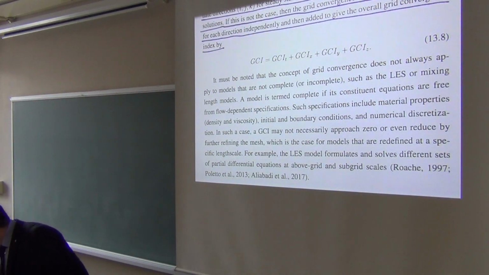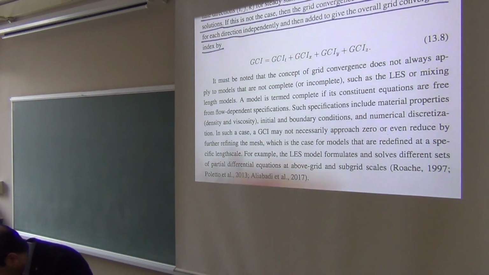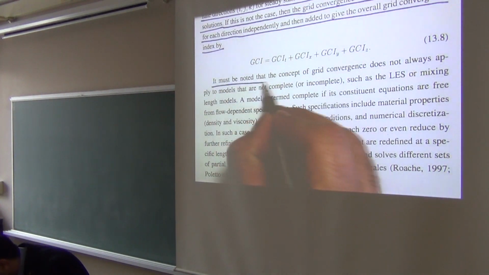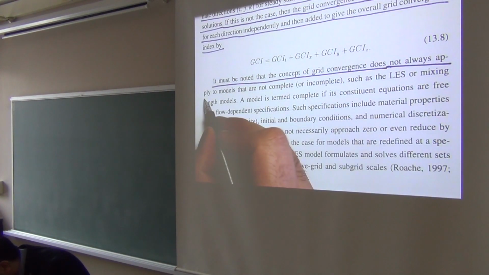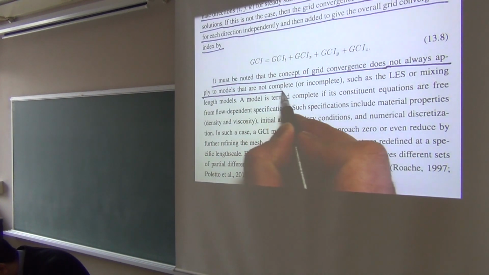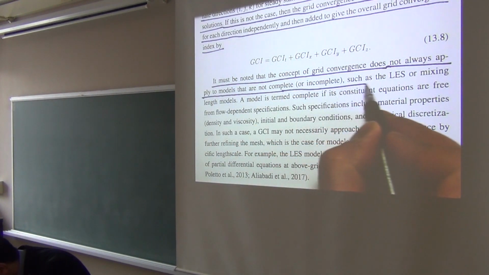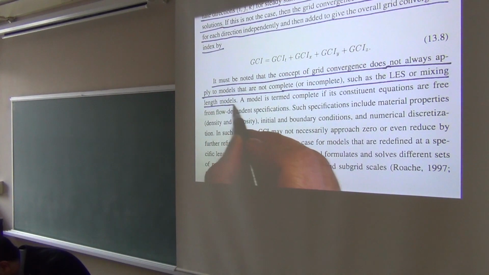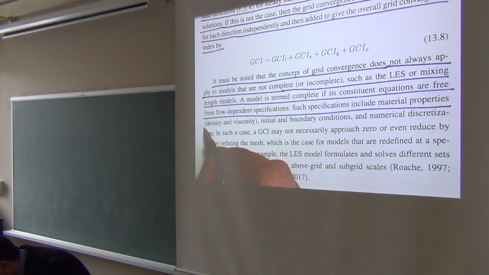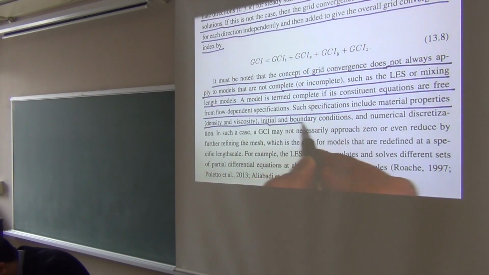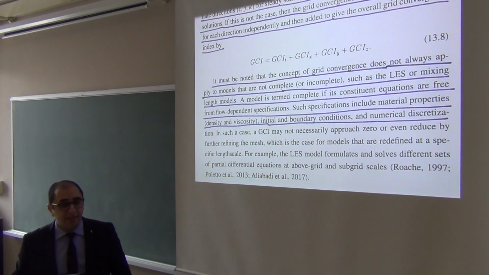Finally, I should say some things about incomplete models. It must be noted that the concept of grid refinement or grid convergence does not always apply to models that are not complete, or incomplete, such as mixing length and LES. We already said that those models depend on mesh density, choice of mesh or grid.